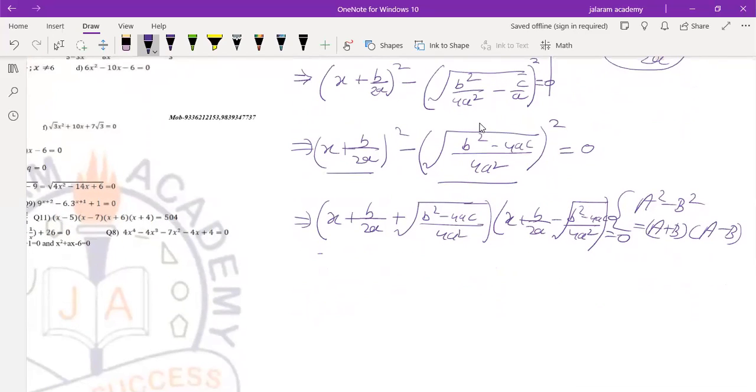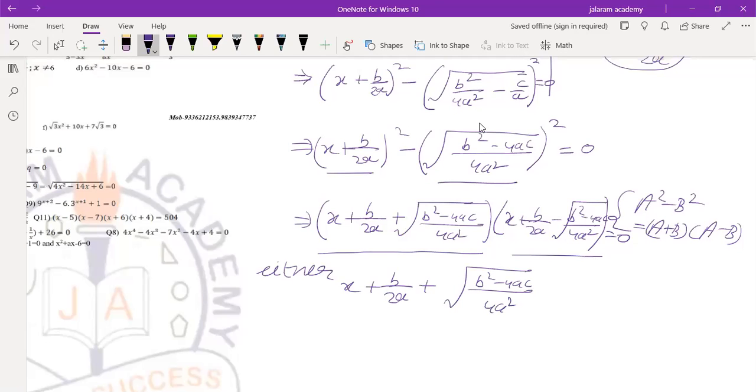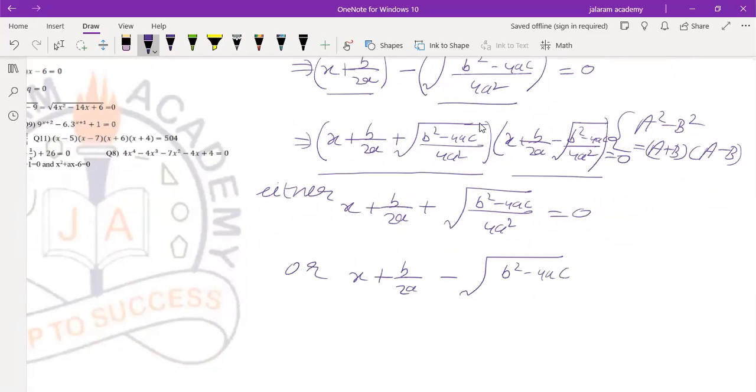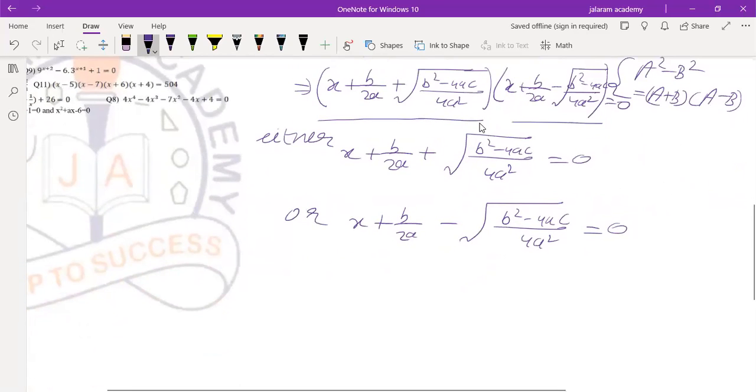Yes, sir. Now there are two factors. So how will we solve them? By putting either the first factor x plus b by 2a plus under root of b square minus 4ac upon 4a square equals to 0, or x plus b by 2a minus under root of b square minus 4ac upon 4a square equals to 0.